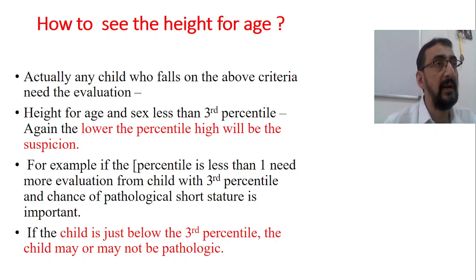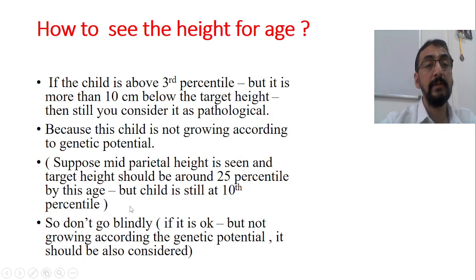If from the beginning itself the child has a pathological problem, congenital hemolytic problems, or chromosomal problems, or maybe some renal problems, the child's height is too low, almost at the 1st percentile, then this has to be very seriously considered and evaluated. So this is how we have to see height for the age.